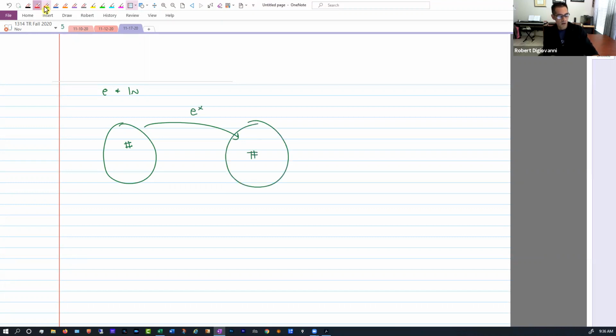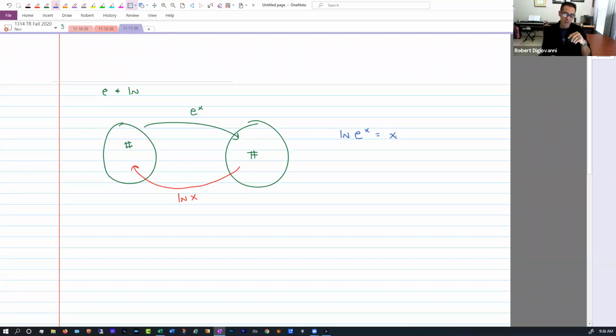And then our goal was to try and find a function that would take those numbers back to where they came from. And I told you, well, the natural log is the function that does that. And from that, we got two very important properties. The first property was that when you put natural log together with e, they kill each other off and you get x.